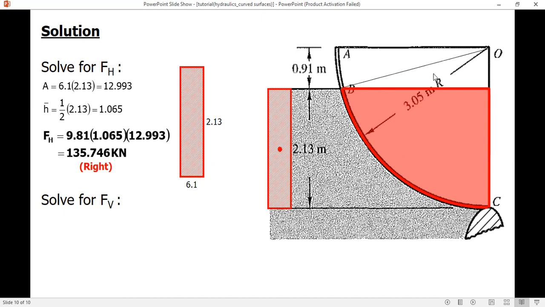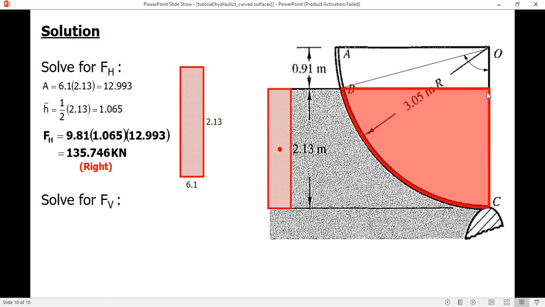We start with this sector. From the center, the sector is this one. OCD, that's a sector. So this area, the shaded part, is equal to the sector minus the triangle. So the OCD sector minus this right triangle, the result is this area. And we need to compute this angle, so we use trigonometry.